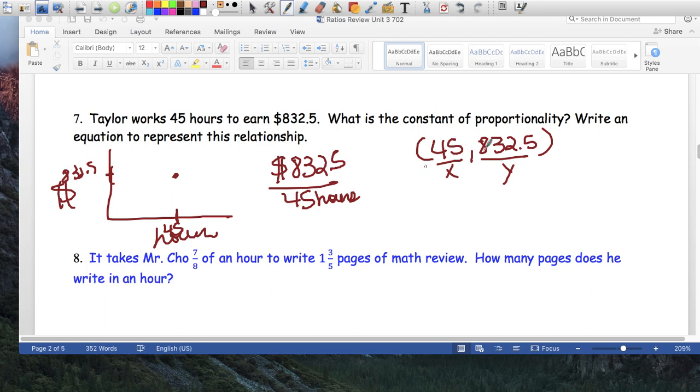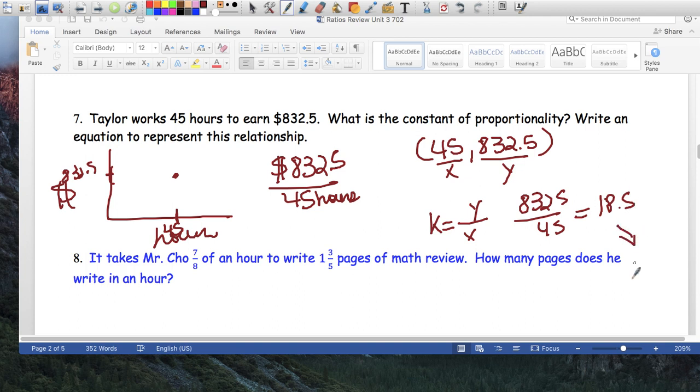So now I can use that to find the constant of proportionality, which is y over x. So I divide 832.5 divided by 45, and I get that my constant of proportionality is 18.5.